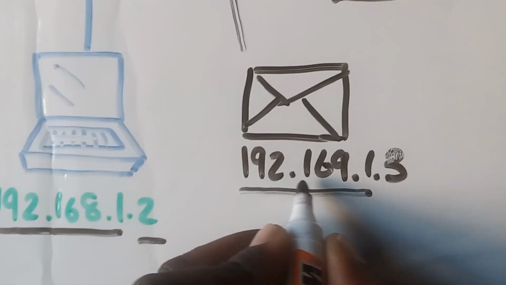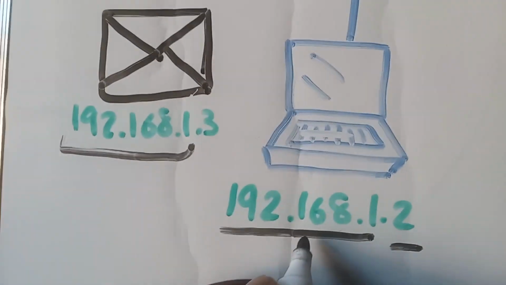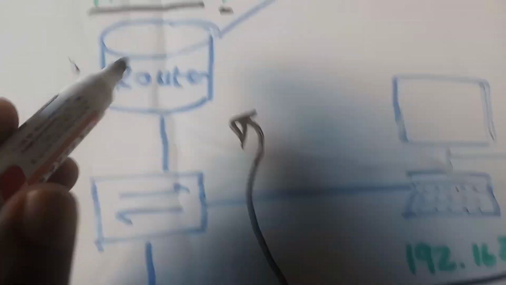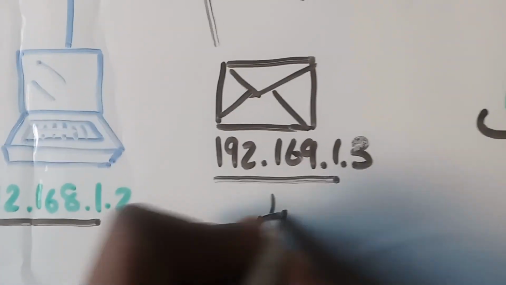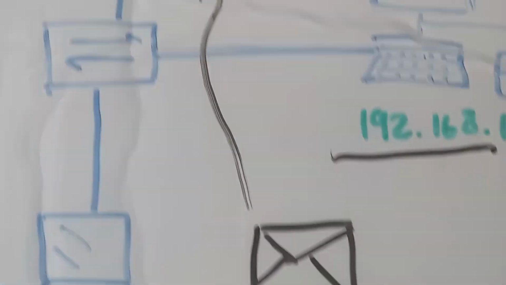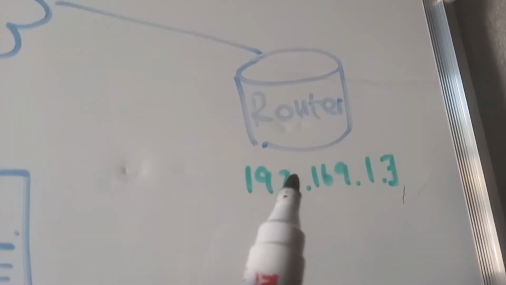It has 192.169.1, whereas this network has 168. So now it knows, okay, this data packet needs to leave the network. And then it begins the NAT process, where it takes this IP, translates it to a public IP, and sends it to the cloud, where it then goes to a different network.